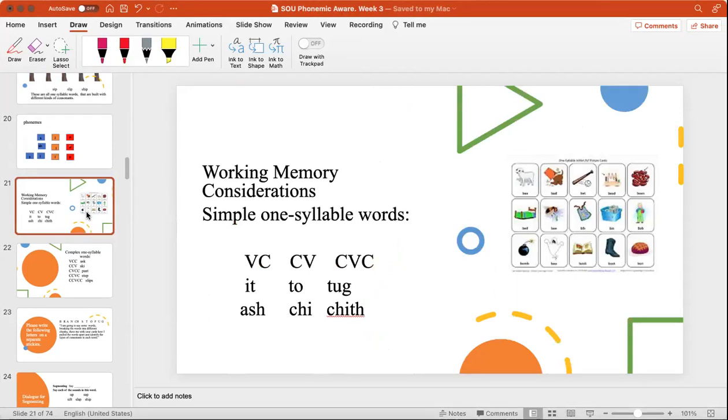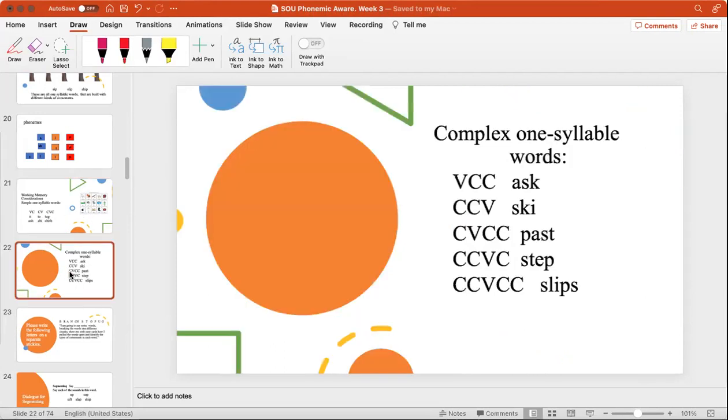We strengthen their skills at segmenting and blending and isolating and also chaining, which you're going to learn probably on Thursday. And then we strengthen their working memory, and then we slowly move up to 3 sounds, and then 4 sounds, and then finally 5 or 6 sounds.